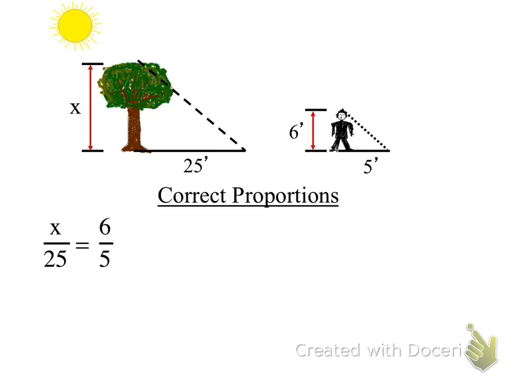The numerators all the way across represent height, and all the way across the denominators represent shadow. Notice the first one is the tree, and this is the man. Sometimes I call it big and small. So that's one way to do it.